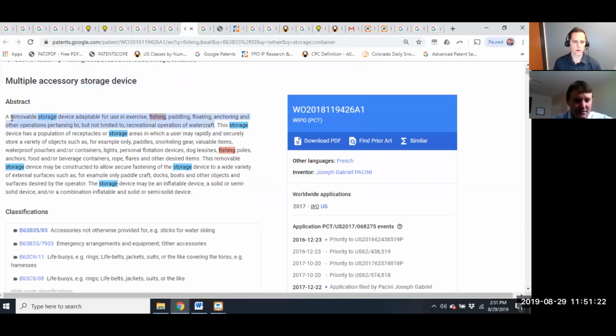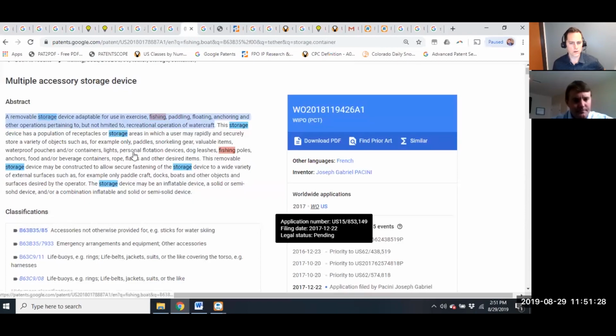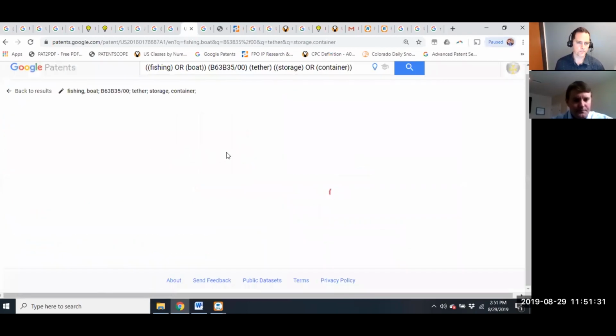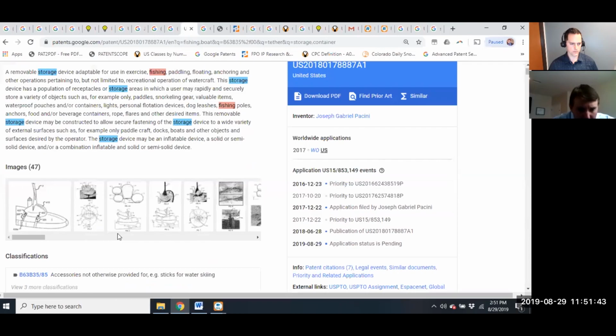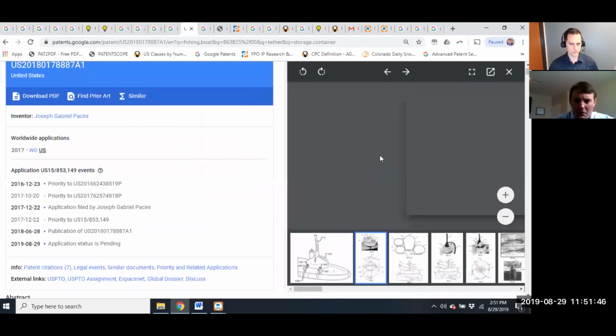That first sentence there looks encouraging. What we haven't seen yet is a picture. But it seems like it's a storage container for a boat. I saw a couple of these things that are designed to be hung right off the side of the boat, directly connected to the boat, not on a leash going down into the water.